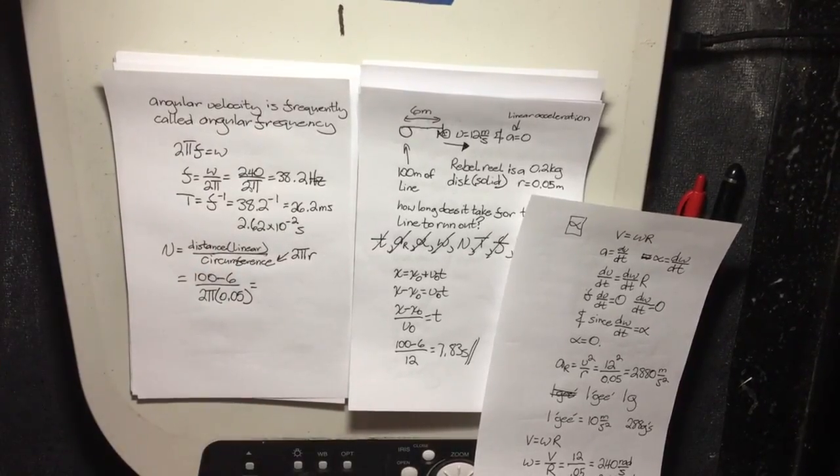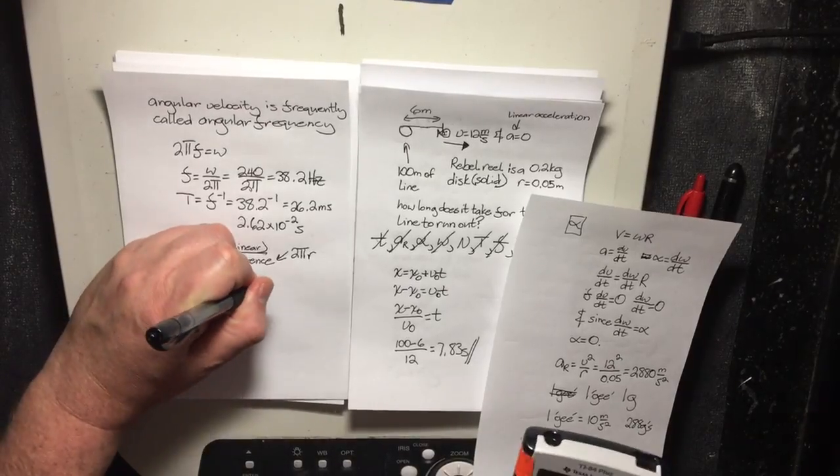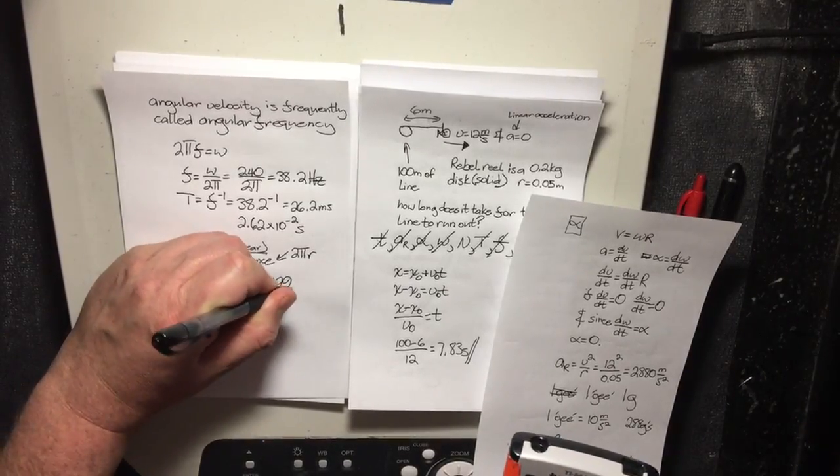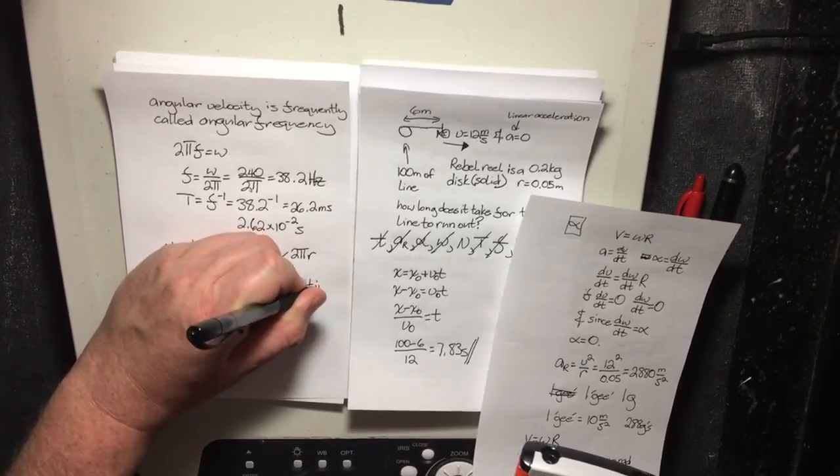So this is 94 divided by something. $299.2 times.